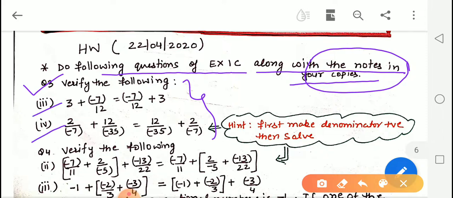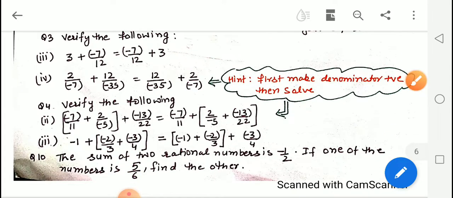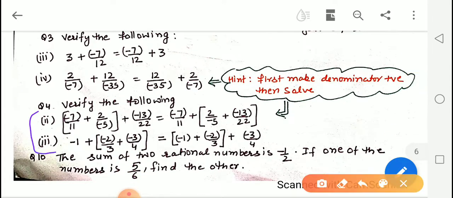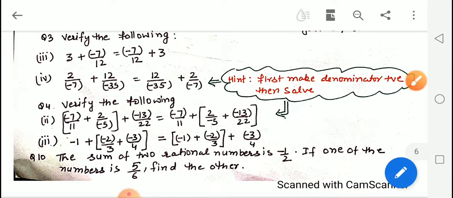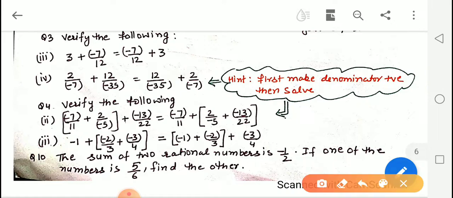The hint is, see here the denominators are negative. So first you have to make the denominator positive, then you have to solve. Similarly, in question number 4 part 2, here the denominators are negative. First you have to make it positive, then you have to solve. And in question number 4 you also have to do the second and third part. After that you will do question number 10. This is one of the word problems.